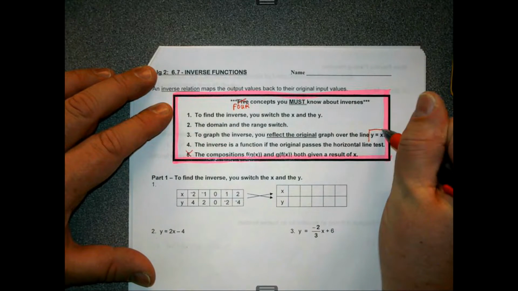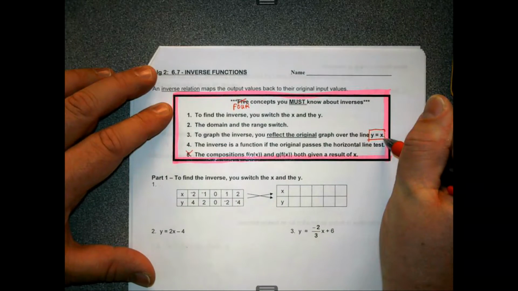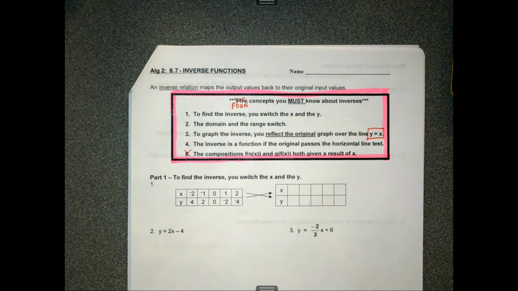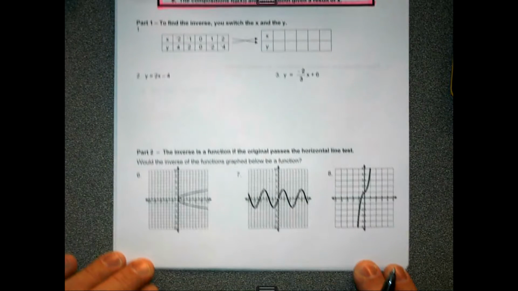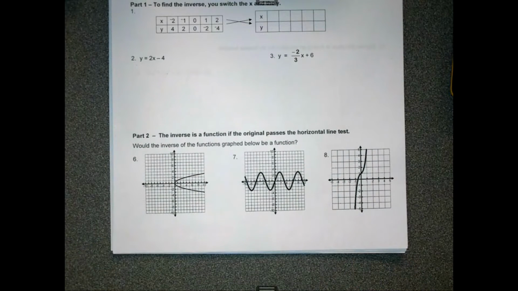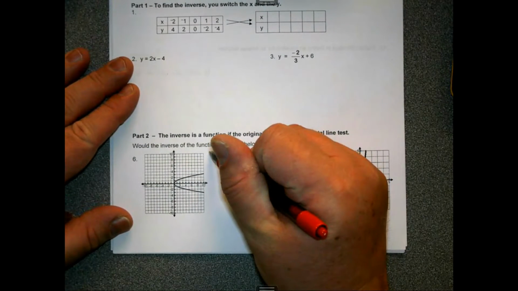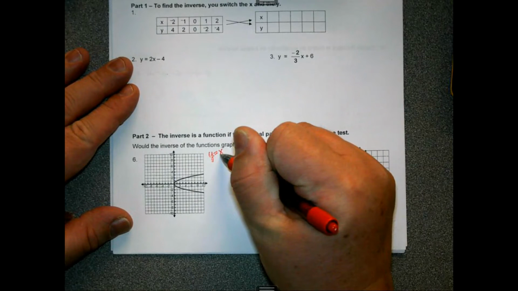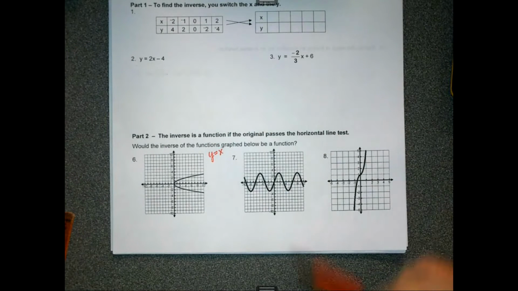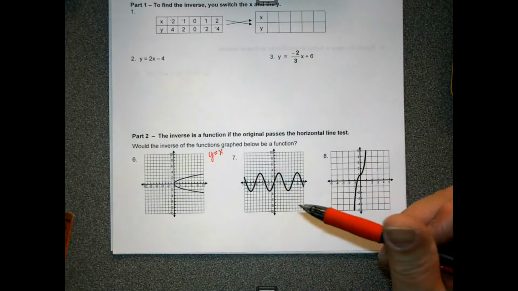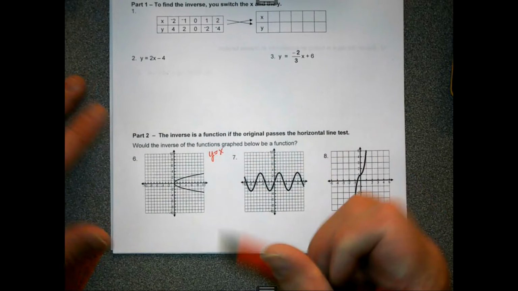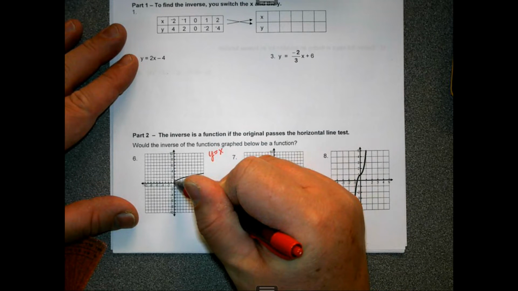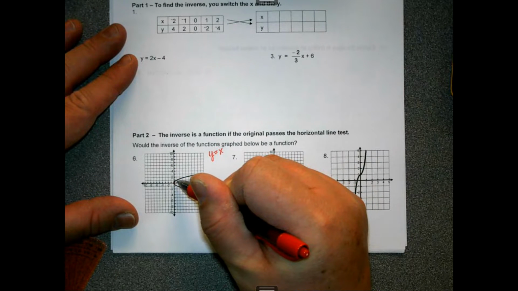Now, do you guys know what the y equals x line is? I'm going to show you. So I'm going to go down here to a graph, and I'm going to graph the y equals x line. Now, remember, we choose x and then we solve for y, right? If I choose 0 for x, what's y? 0. If I choose 1 for x, what's y? 1.